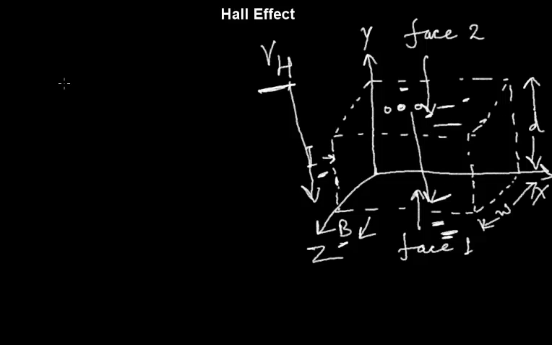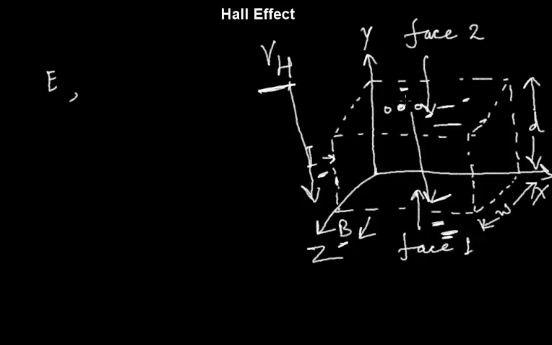Now, let's start the derivation, and for that, we'll consider the equilibrium condition. At equilibrium, the electric field, which we denote by capital E, due to Hall effect, should exert a force on charge carriers, right?